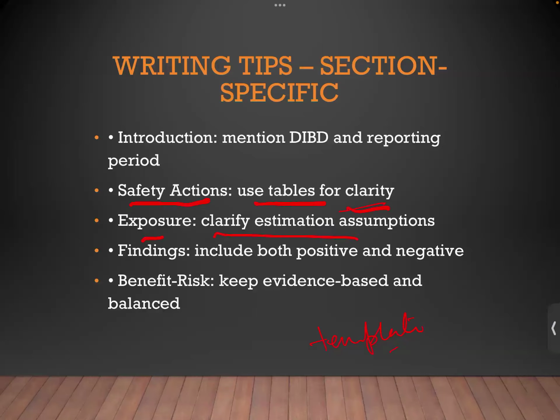Suppose you are recruiting 1000 population, but you have done only half of the trial, and till now you have enrolled only 300, and out of 300 only 200 received all the doses, 100 did not. You have to explain that here. Findings, both positive and negative, very important. Negative also we have to report. Risk benefit, evidence based.